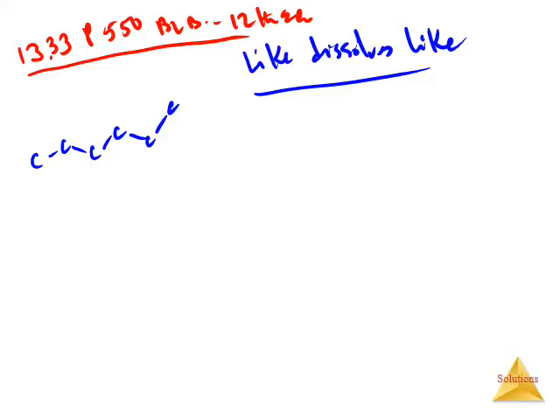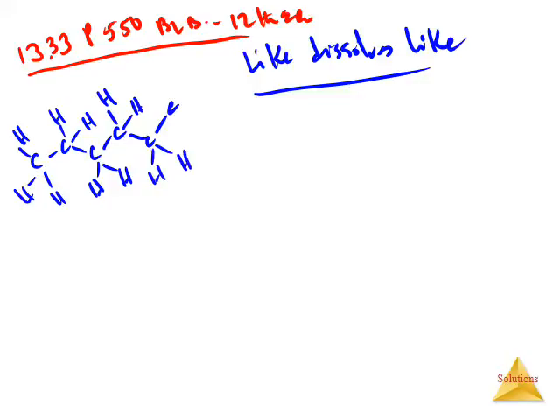So if I want to fill in, that'd be 3 hydrogens here, 2 hydrogens here, 2 hydrogens here, 2 hydrogens, 2 hydrogens. Always carbon, neutral carbon would have 4 bonds. So this is hexane.